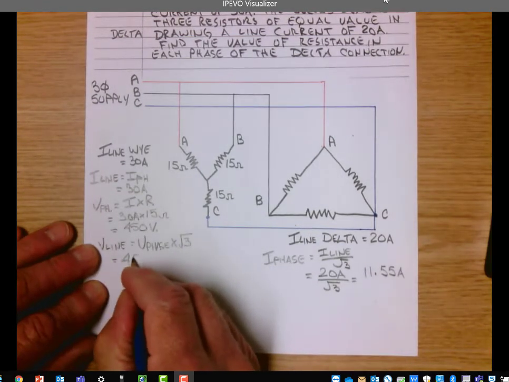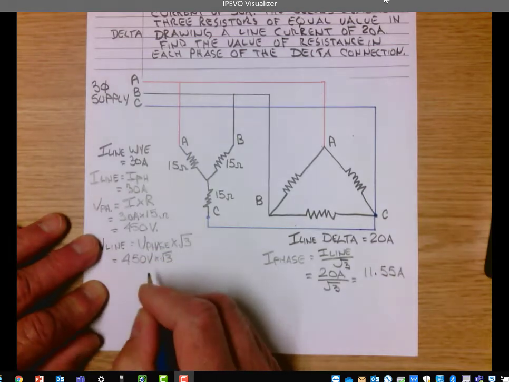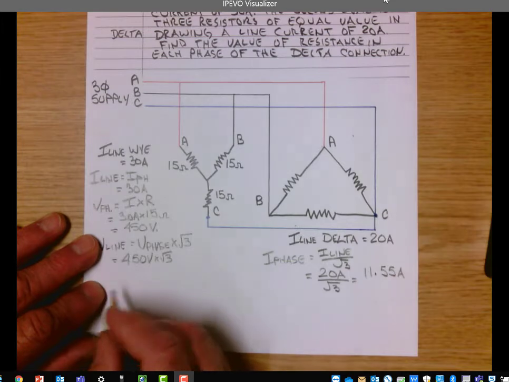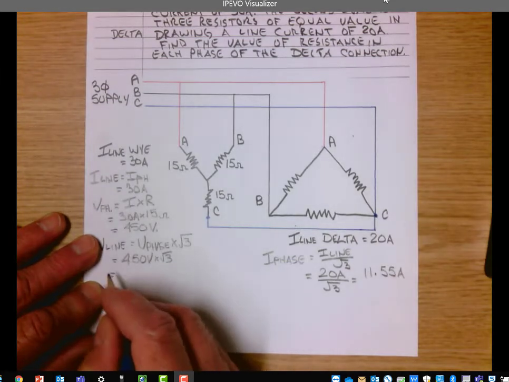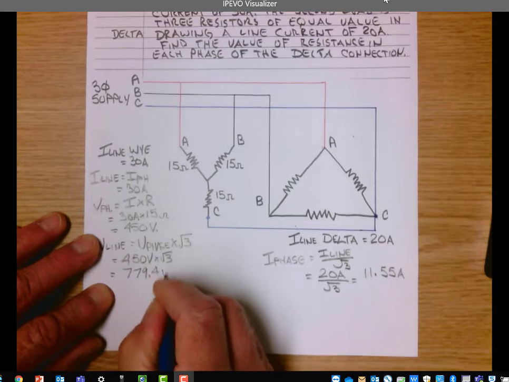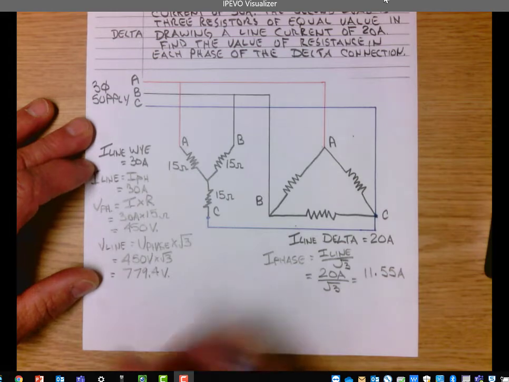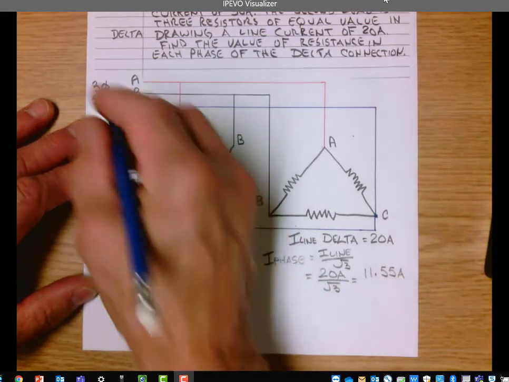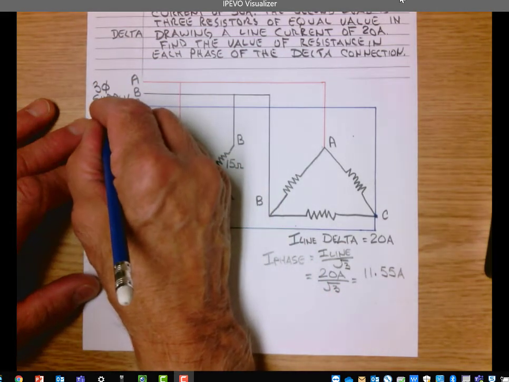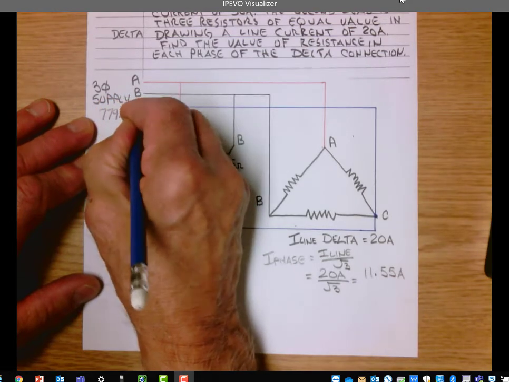And 450 times root 3 equals 779.4 volts. So this three-phase supply has a line voltage of 779.4 volts.